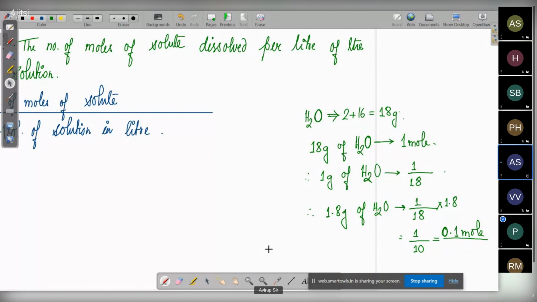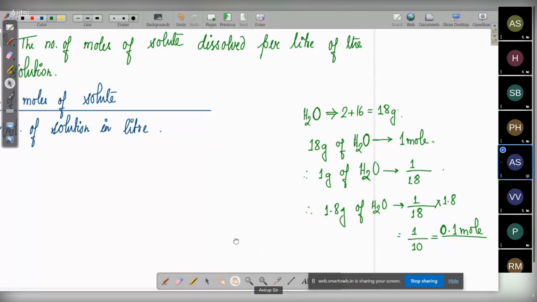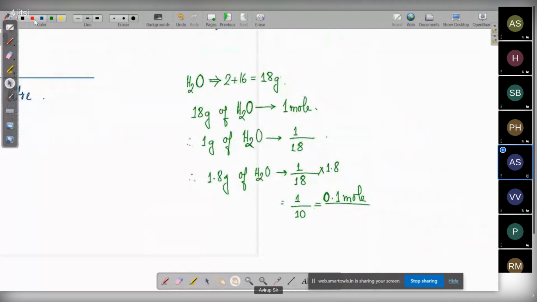Yes, sir. If it is clear, then you calculate and tell me, suppose I take 2.2 grams of carbon dioxide. 2.2 gram of carbon dioxide is equal to how many moles? Just like the previous method, tell me how many moles of carbon dioxide you have in 2.2 grams.